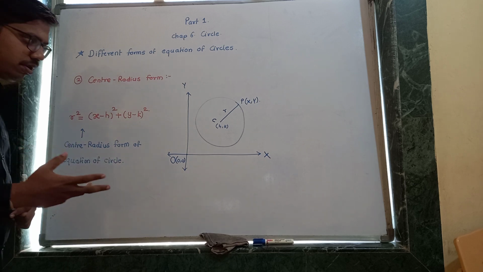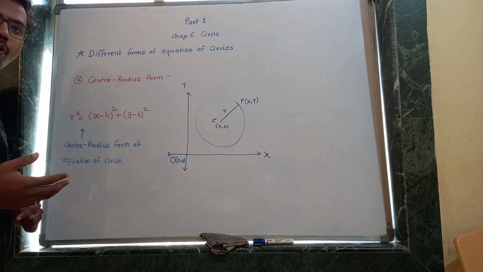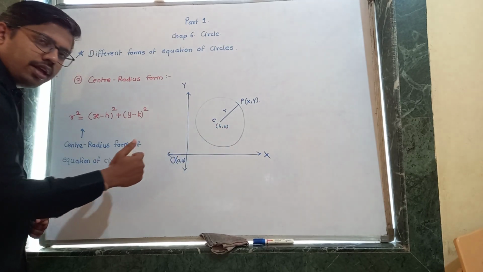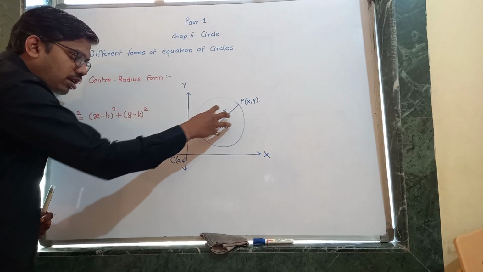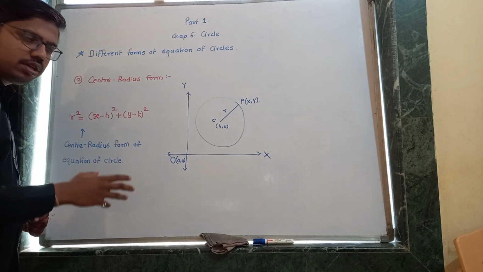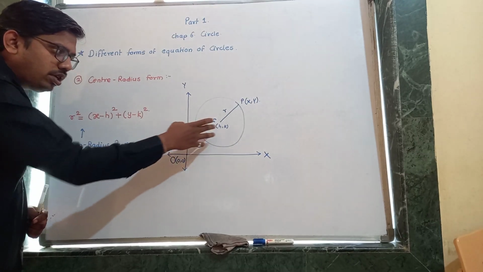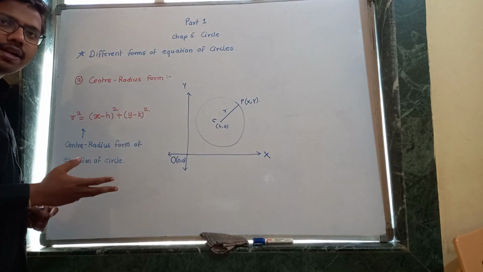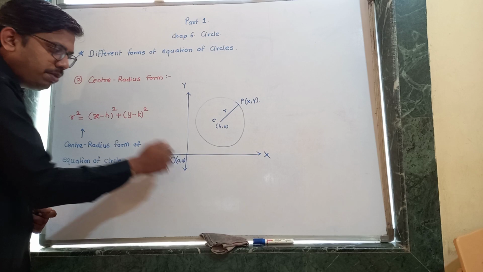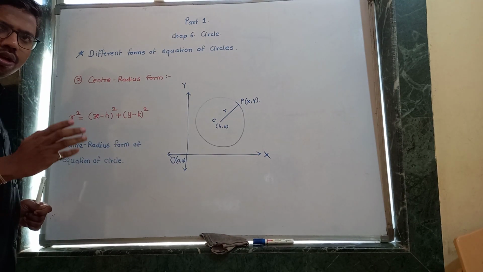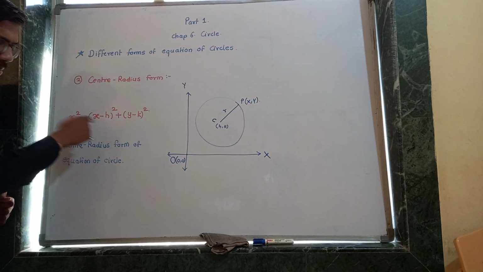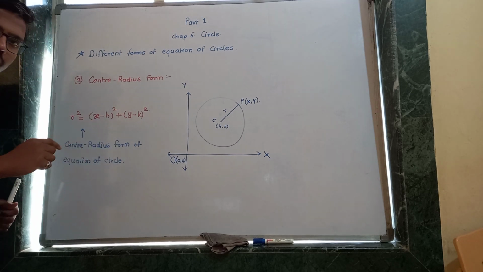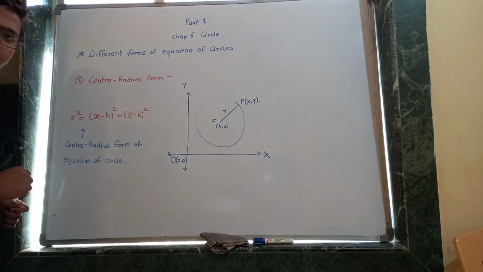Any guess? Suppose this circle is over here, that means the center is again the origin, 0 comma 0. At that time h will be 0 and k will be 0. So instead of h, we will write 0, and instead of k again we will write 0.